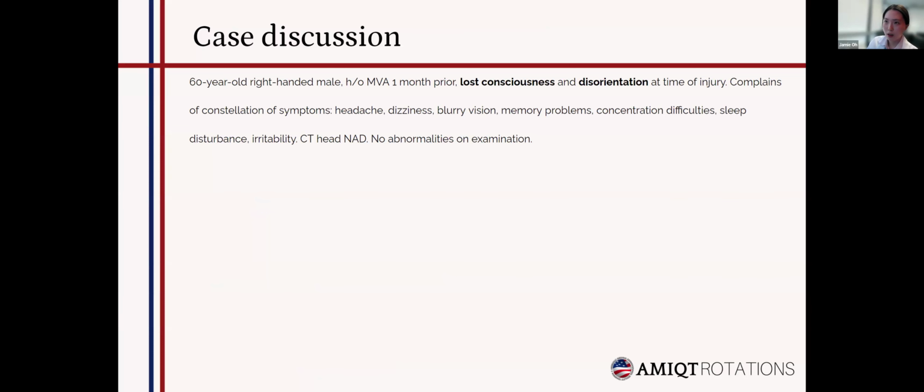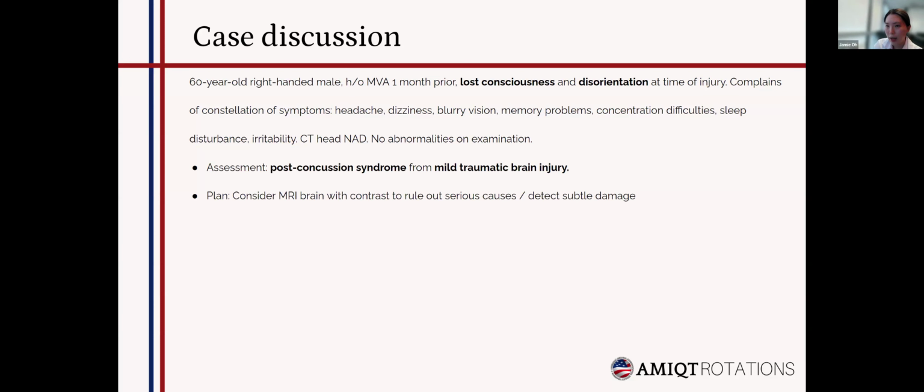Now he's complaining of a constellation of symptoms: headaches, dizziness, blurry vision, memory problems, concentration difficulties, sleep disturbance, and irritability. His GCS was 14, his CT head showed no abnormalities, and examination showed no significant abnormalities. So our assessment was that the patient was suffering from post-concussion syndrome, from mild traumatic brain injury.